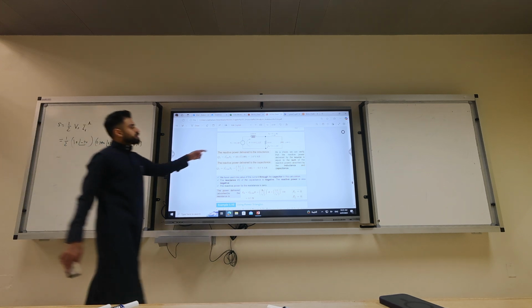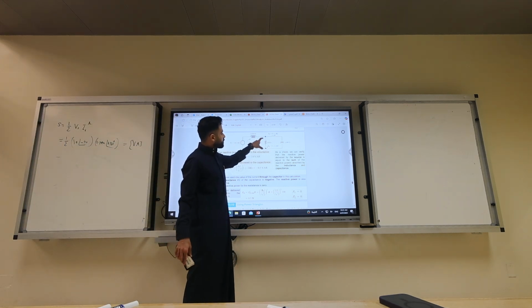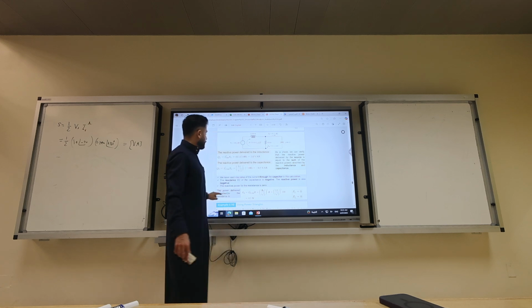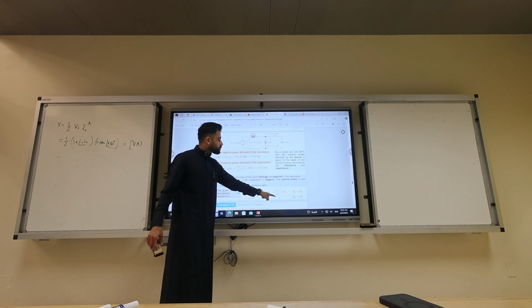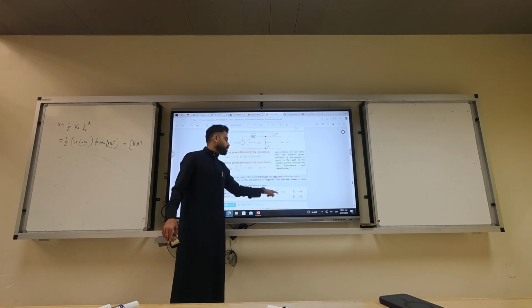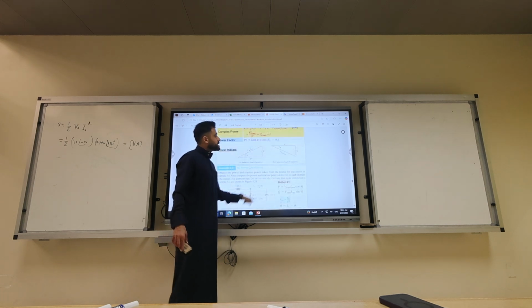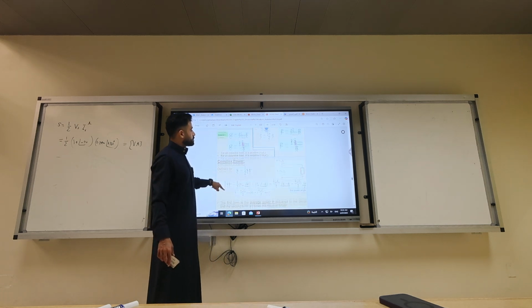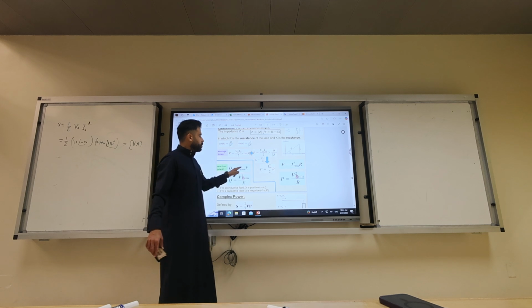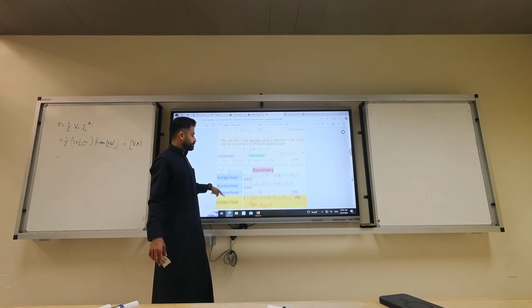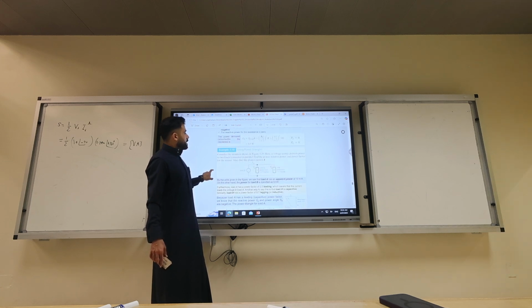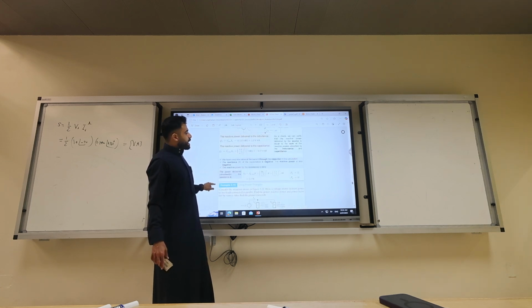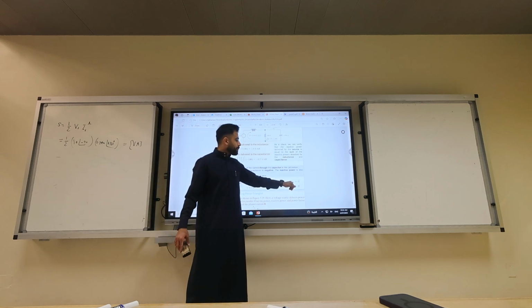Because I don't want to do circuit analysis, I calculated using the formula for the resistor, which is I_R, which is 0.1 over square root of 2, squared, times R. Basically, we applied the formulas in blue. Note that the real power for the capacitor and the inductor are 0.